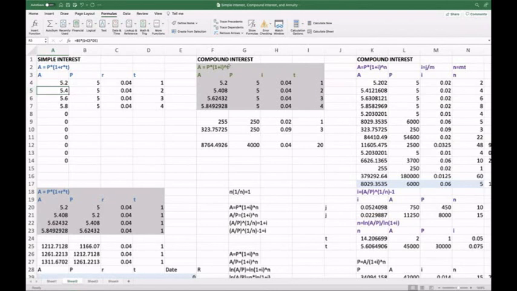This one, you raise it to T. This one, you multiply by T. So this will become bigger, right? That's the one reason why the total amount and the interest are greater than the ones here in simple interest, because the T is an exponent, whereas the T here is not an exponent. It is a factor. You multiply it. So this one will become 5.408.